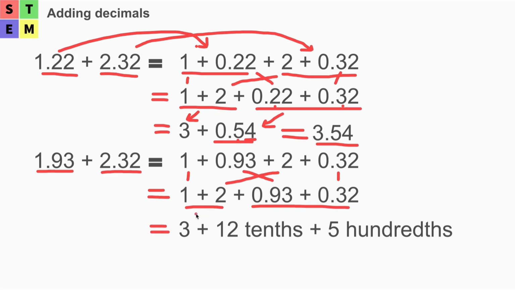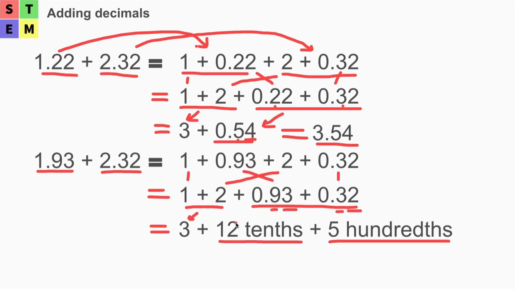So 1 plus 2 is easy, it's 3, right? And here we got 0.93 plus 0.32. At the hundredths place, it's easy. 3 plus 2, we got 5 hundredths, right? 5 hundredths. But here we have 9 plus 3, which is 12 tenths.